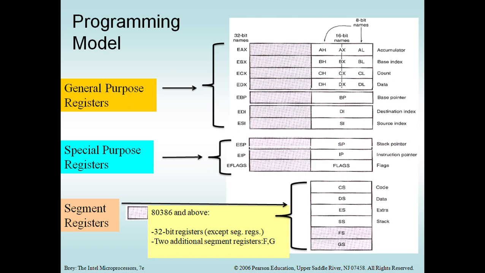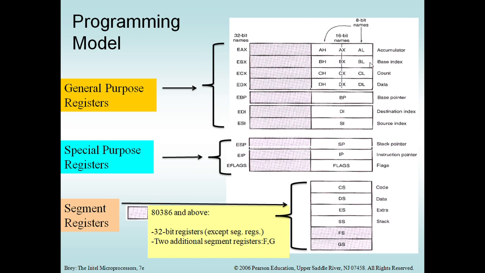In the Intel microprocessor, the registers are grouped into three categories. The first category is the general purpose registers, which include these 7 registers: accumulator, base index, count, data, base pointer, destination index, and source index.